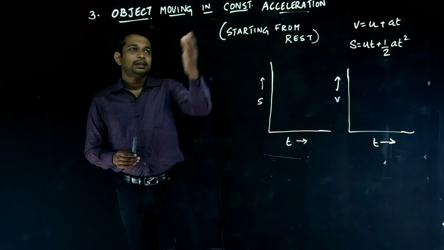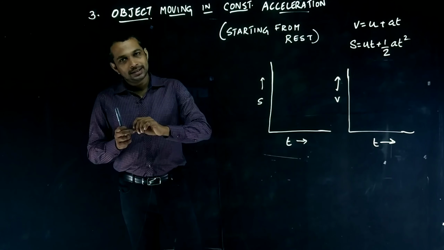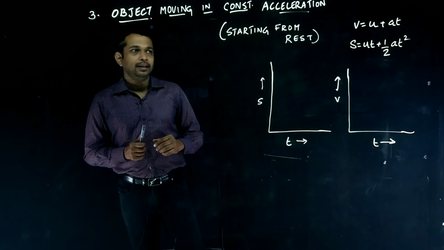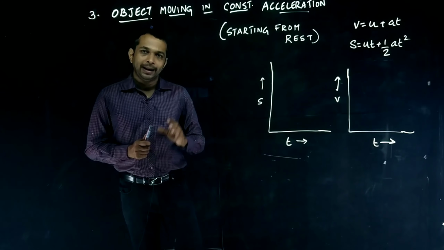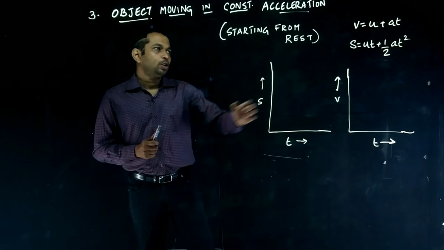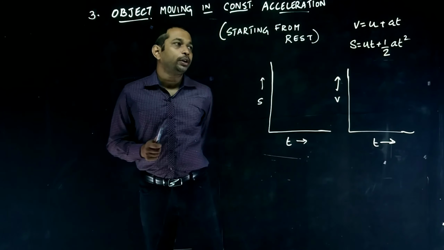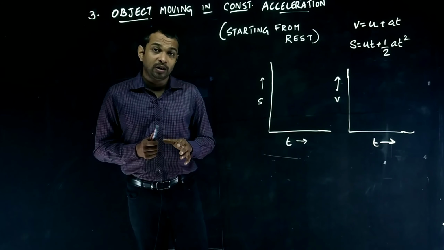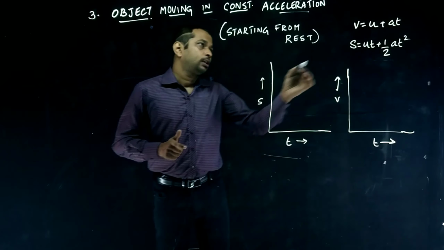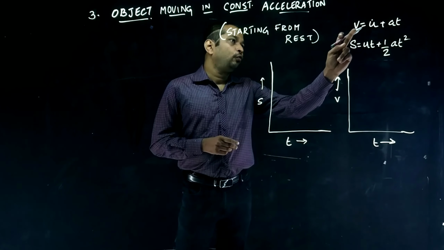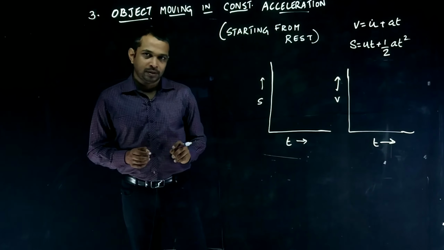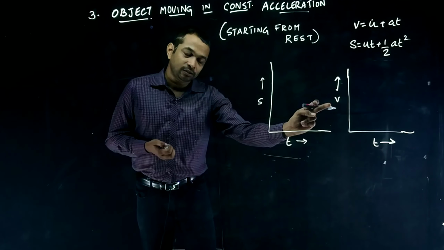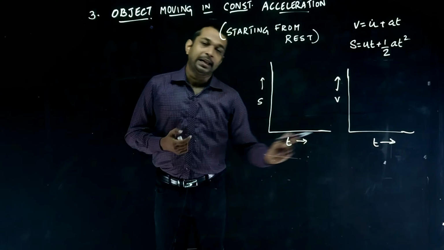Now the third case, the object is moving with a constant acceleration, which means the speed is increasing in a constant manner, but it is starting from rest. Okay, so how are these two equations going to change? Starting from rest means initial velocity is 0. This term has got cancelled. v is equal to at, which means it is a first degree equation when it comes to the velocity time graph.